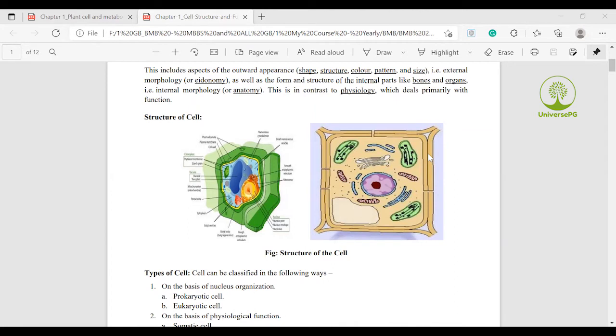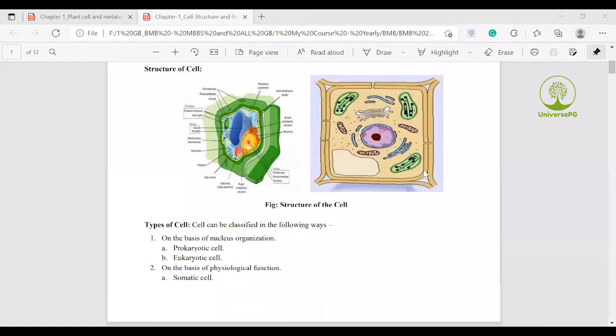Next, the major point of difference is a large vacuole. A large vacuole is generally found in plant cell, but one or more small vacuoles are found in animal cell. Just read only 3 or 4 major points for the difference between plant cell and animal cell for your course viva or semester final viva.